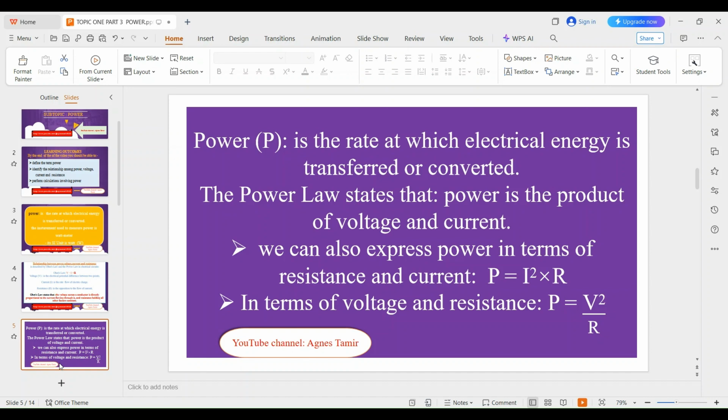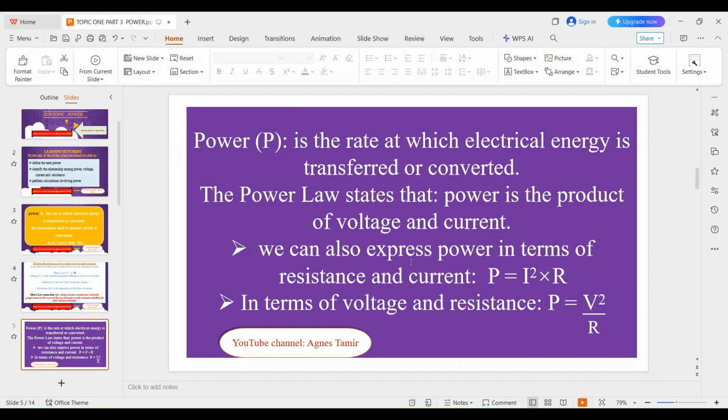When you talk about expressing power in terms of voltage and current, we use the power law, whereby power is given by voltage times current. So, in a scenario whereby you are given voltage and current and asked to determine power, you take the product of voltage and current, and what you get will be power.